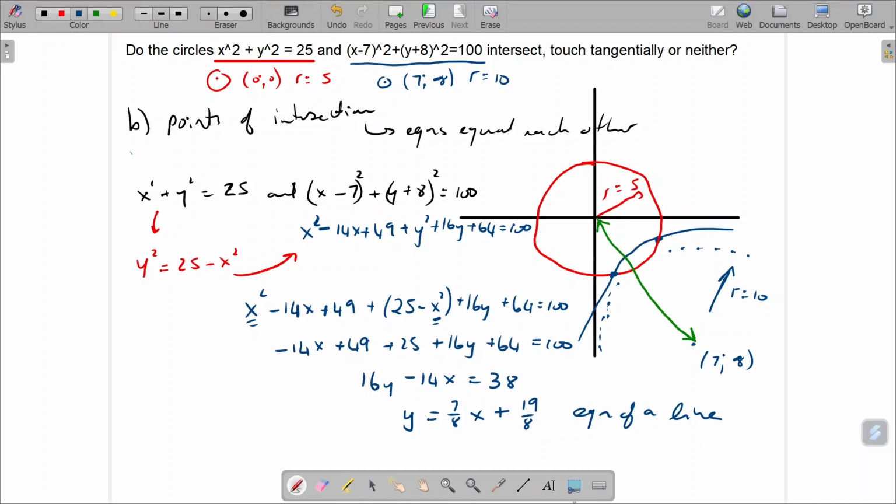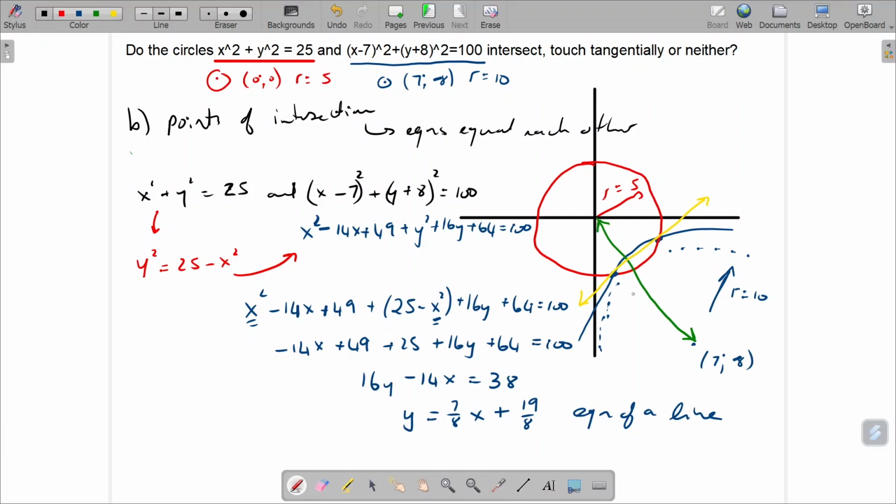And which line might it be, you might ask? Quite interestingly, it is the equation of this line here. It is the line that goes through those 2 points of intersection. It is not the points of intersection themselves, it's the equation of the line that goes through those 2 points.